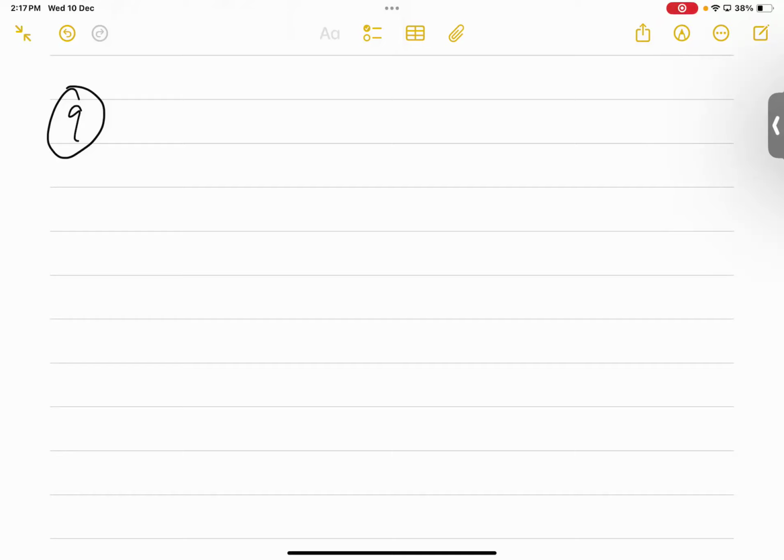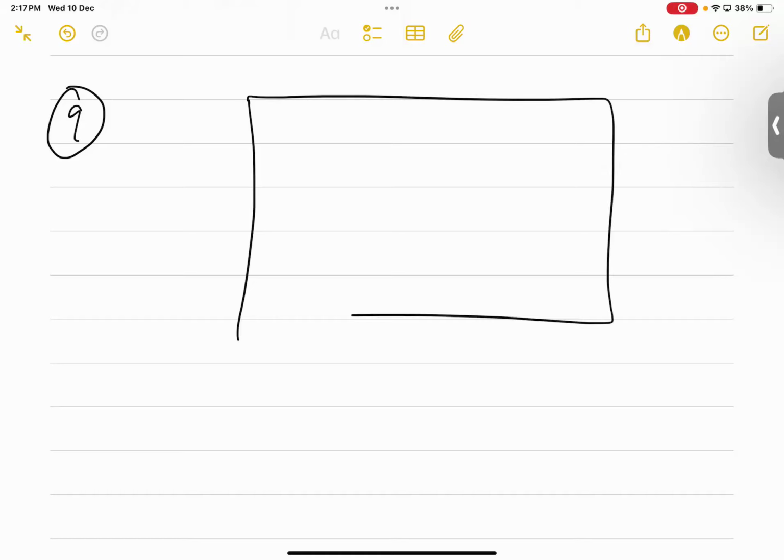So it is something like this. This rectangle, this is origin. Now this line is 5x minus 12y plus 26 is equal to 0.